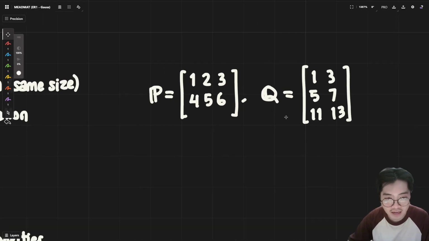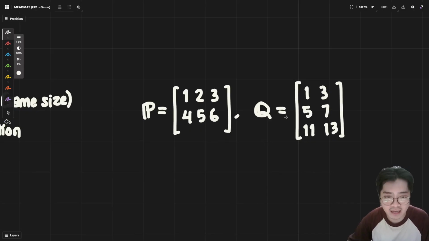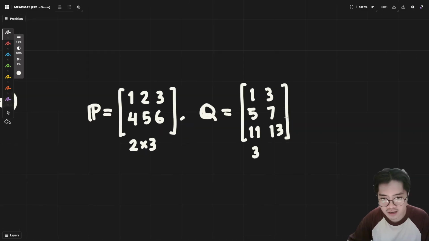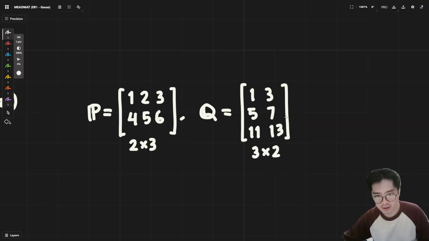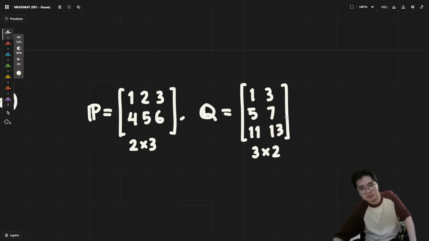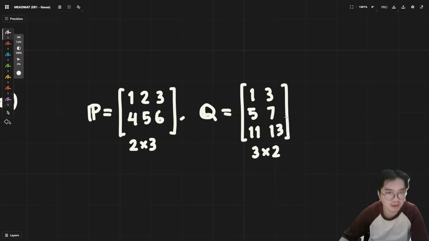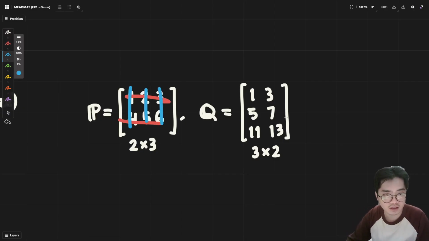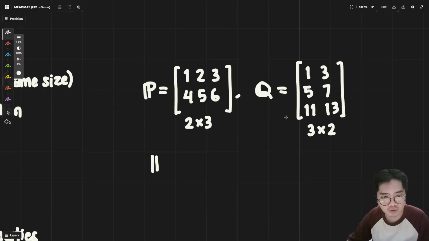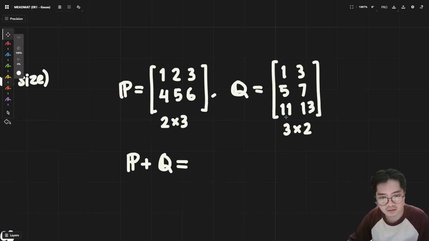So very clearly, P is a 2 by 3 matrix. Q, on the other hand, is a 3 by 2 matrix. So matrix P has 2 rows and 3 columns, and Q has 3 rows and 2 columns. So in this case, sadly, P plus Q is not available to us.